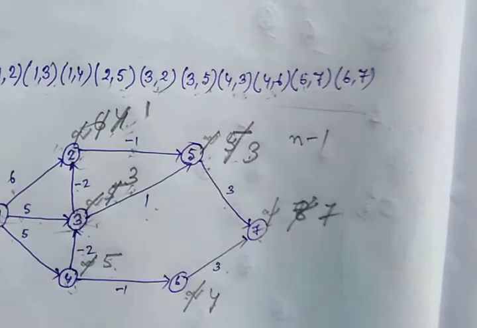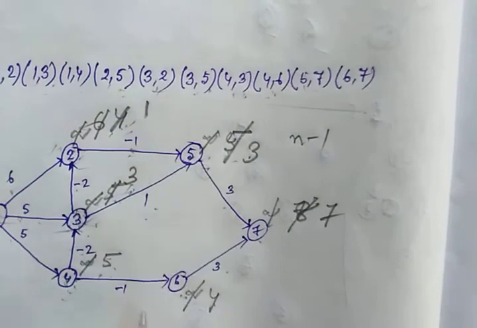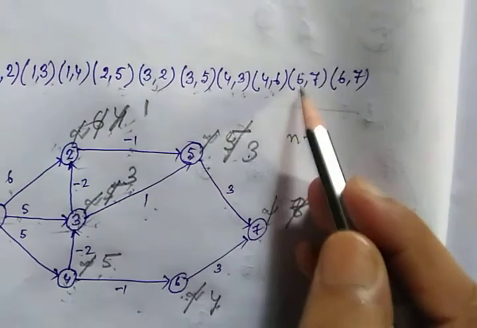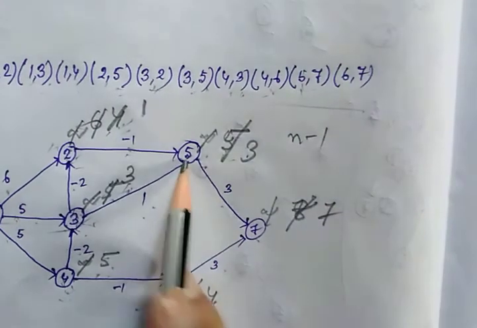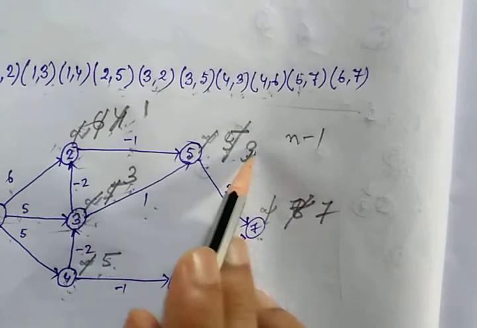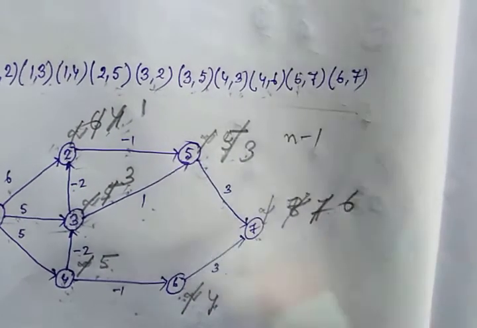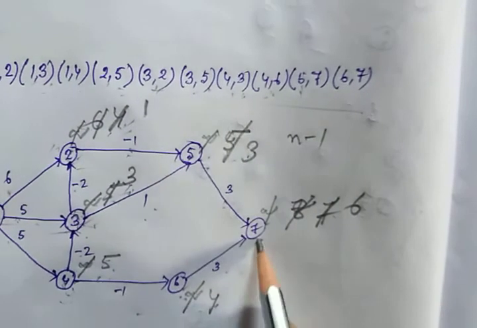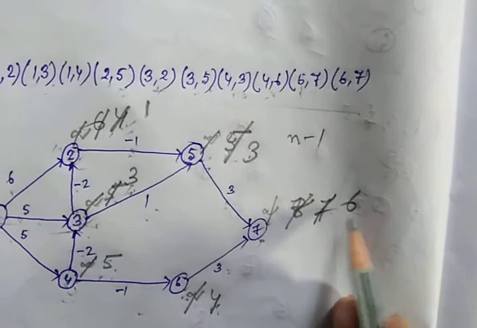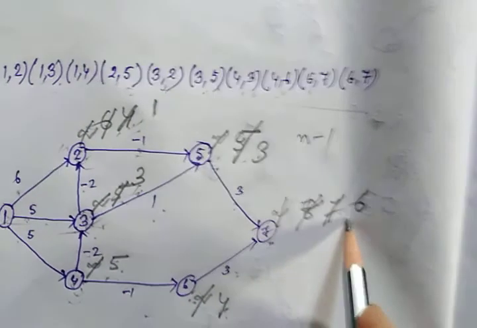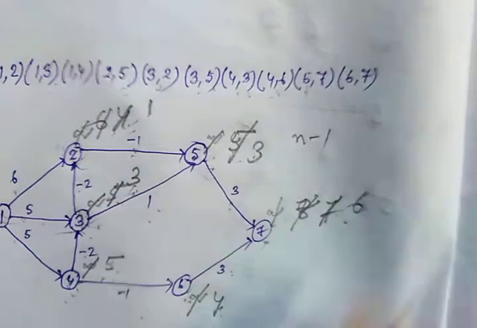Then 4 to 6: 5 minus 1 is 4, it was 4. 5 to 7: 3 plus 3 is 6, previously it was 7. And 6 to 7: 4 plus 3 is 7, and it was previously 6, so you need not change. Again you have to do that procedure.